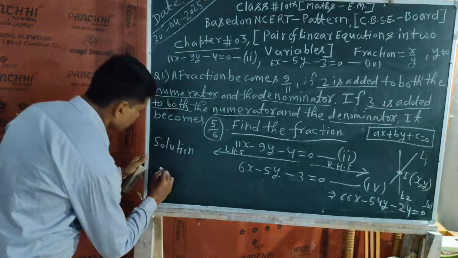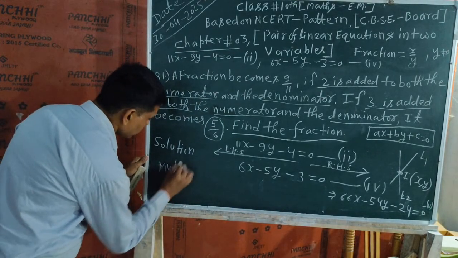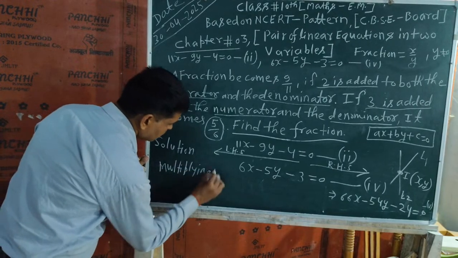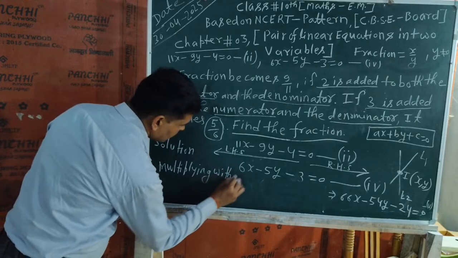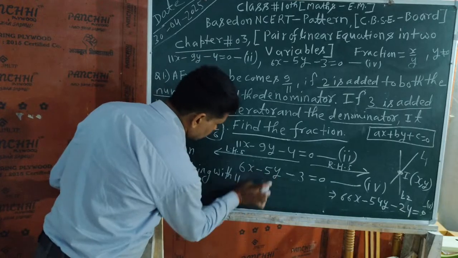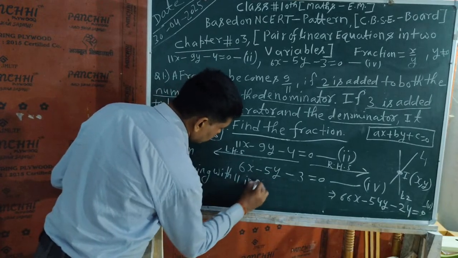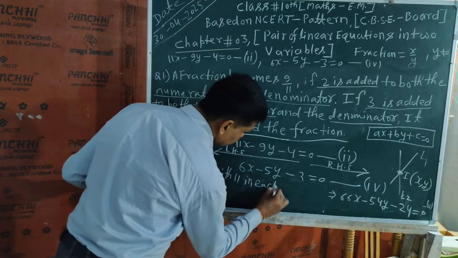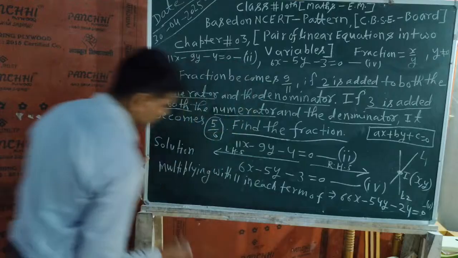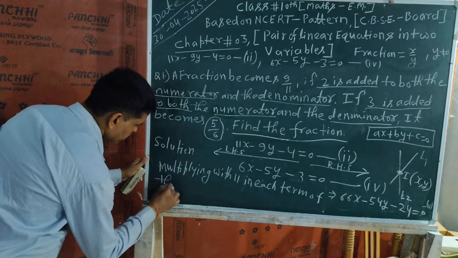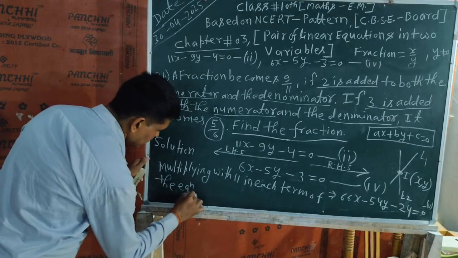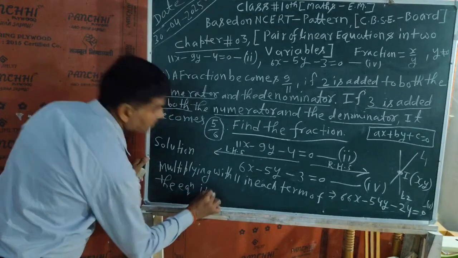Now here I am going to multiply with 11 in each term of equation number 4.